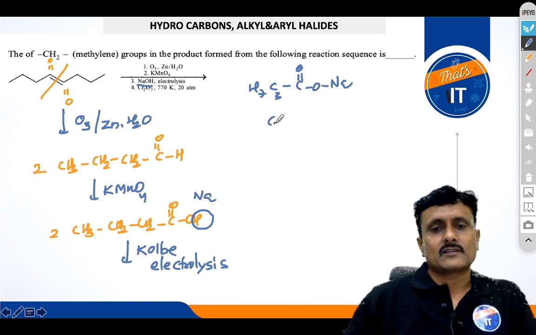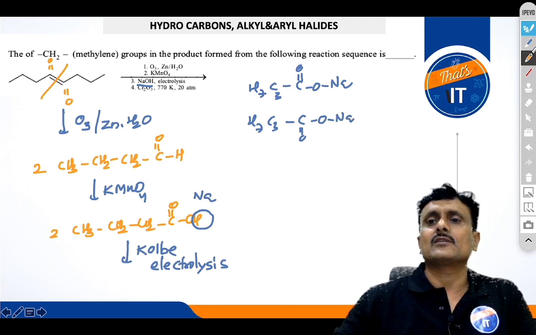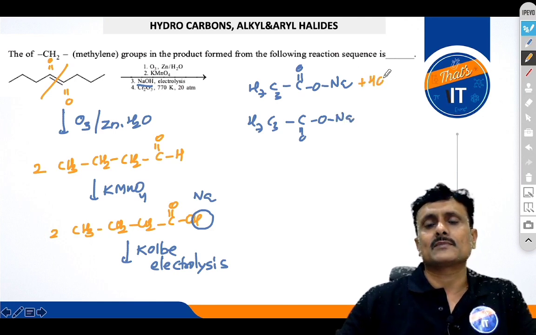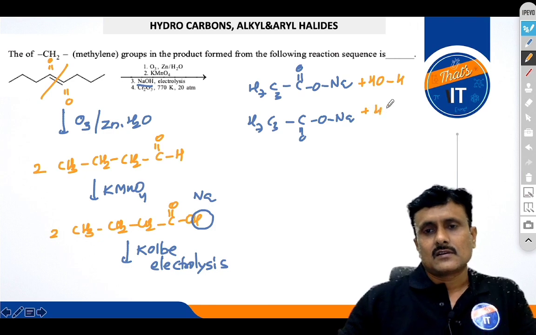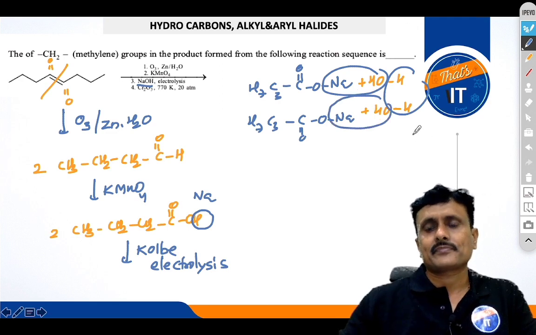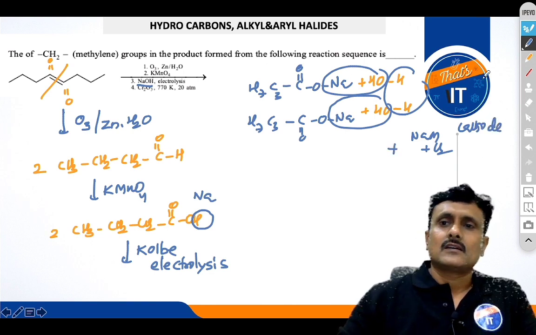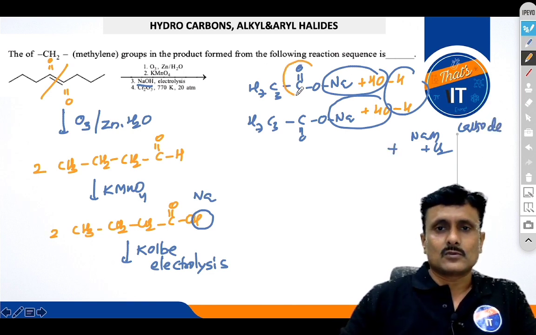Now you have got 2 moles of the sodium salt of the butanoic acid and you are carrying out the electrolysis. You know how to write the product of the electrolysis of the salt. You will be getting NaOH and H2 at the cathode of the electrolysis, plus you will be getting carbon dioxide, 2 moles.